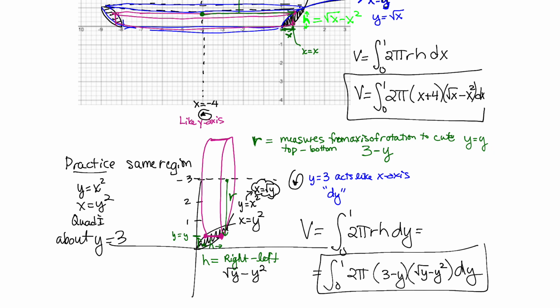This is 3 units. The radius I'm talking about is not the entire 3 units; it's a little smaller, so it'll be 3 minus. Whereas on this one, my radius is actually a little bigger than 4 units. It's 4 units plus an x. So you could look at it that way too.